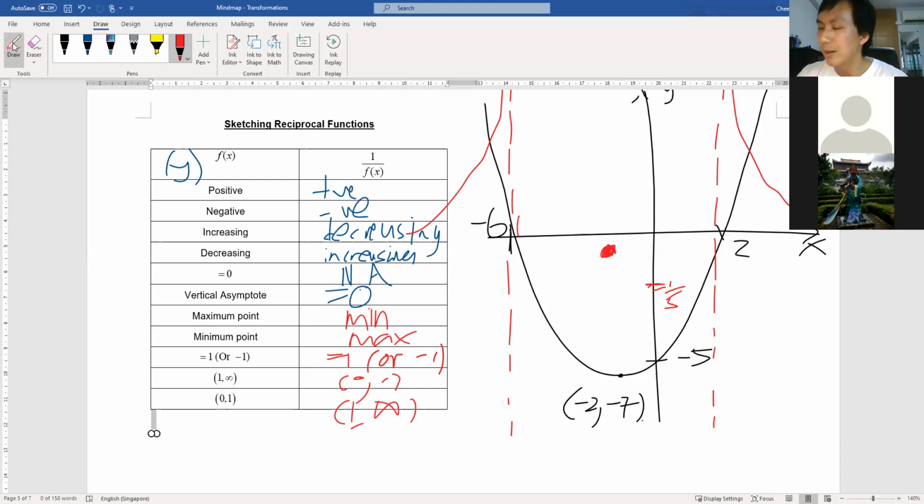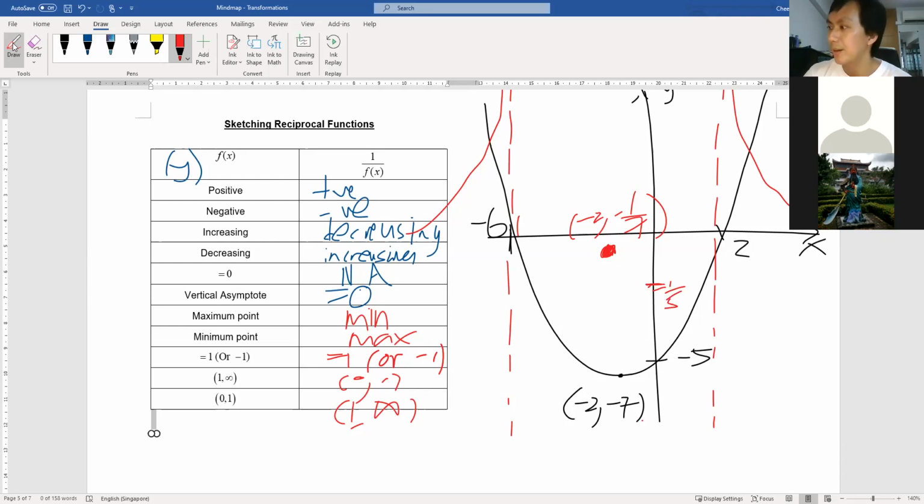The turning point, previously a minimum point, will now be a maximum point. And this maximum point will be -2, same x coordinate of course, because the reciprocal function is only applied onto the y values. And then you have -1/7, like this. Agree? Everybody can follow with this?